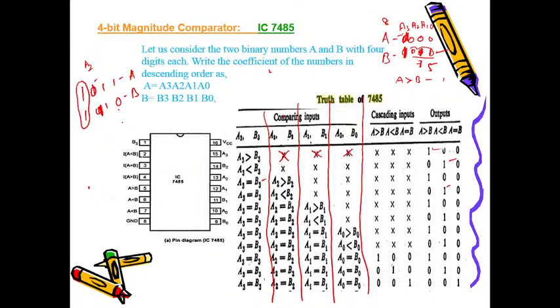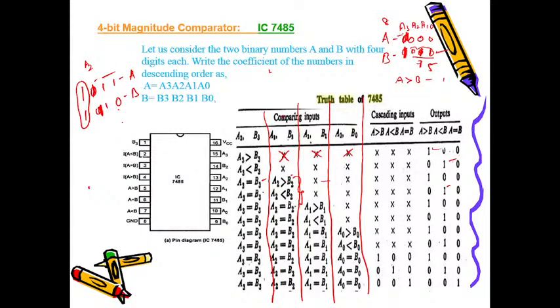Suppose both are equal now, I will go and check the next bit. When this bit is equal, I will check immediately whether it is lesser or greater. Then the next bit, irrespective of A1 and A0, I neglect that. Just based on these two, I can decide whether the A input signal is greater or the B input signal is greater.